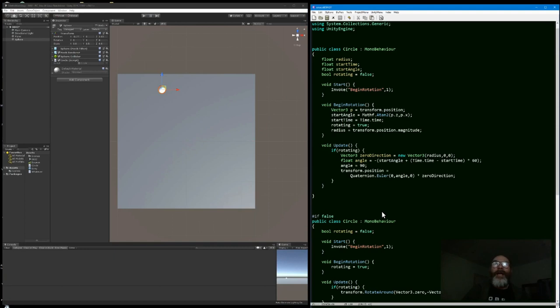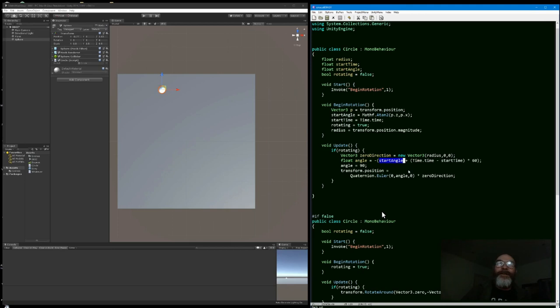Oh, wait a minute. Hang on. Start angle is actually in radians. That's why. 1 radian is about 60 degrees. But if it's 1, it's going to seem like it's practically 0, isn't it?